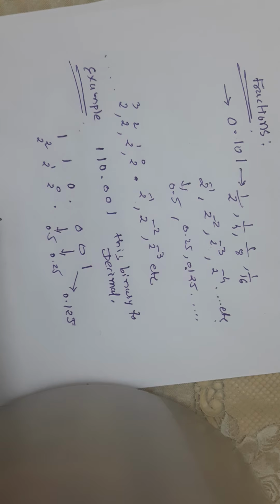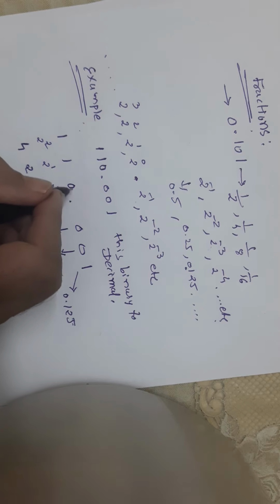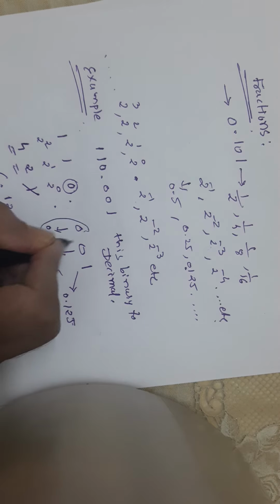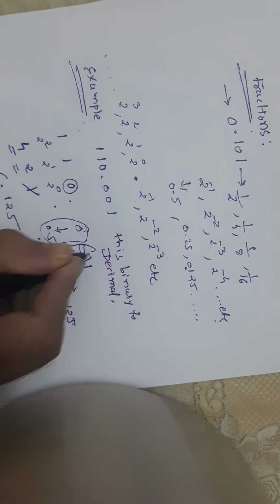So here we can write 4 plus 2: this is equal to 4, this is equal to 2, this is equal to 1 but is multiplied by 0. This is your 0.5, 0.25, 0.125. So our number is 4 plus 2, 6.125. Because this is multiplied by 0, that digit is 0.